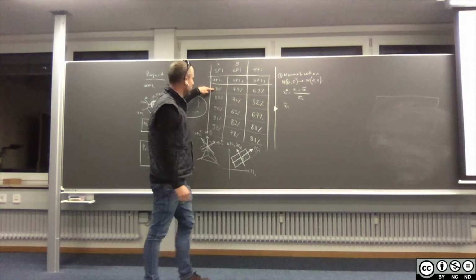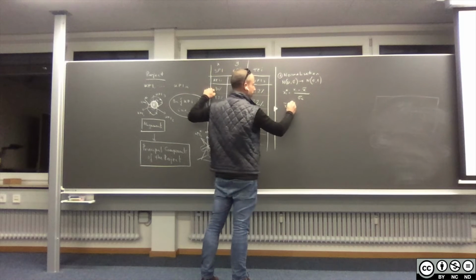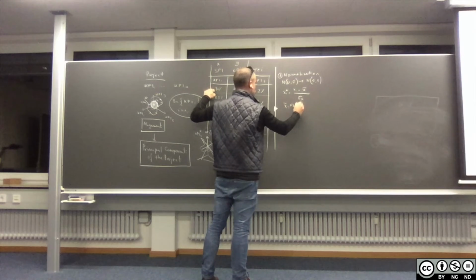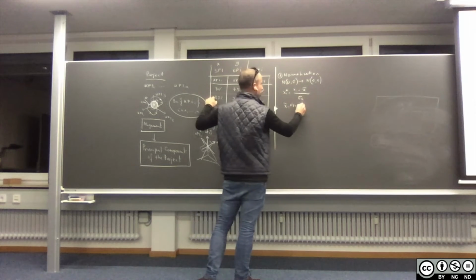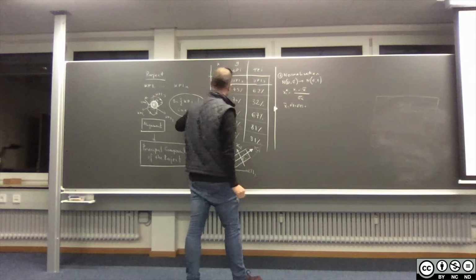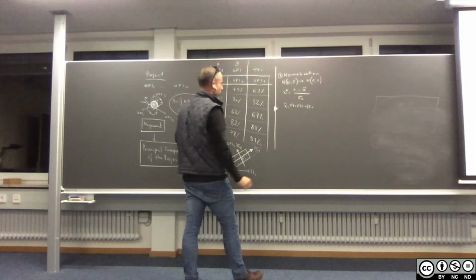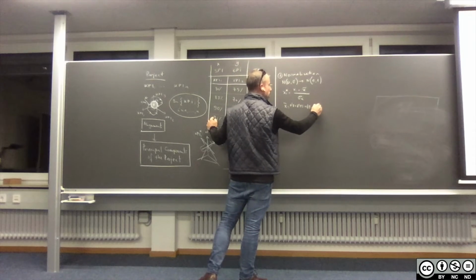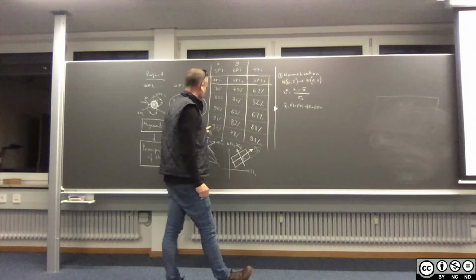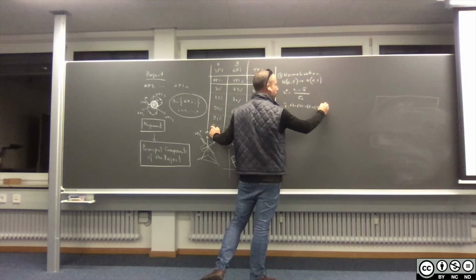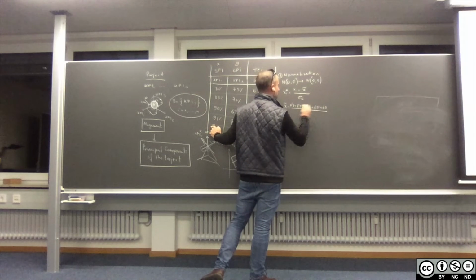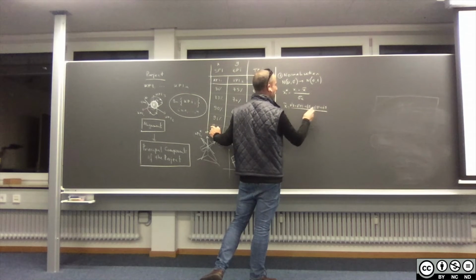Well, 0.8 plus 0.85 plus 0.9 plus 0.91 plus 0.90 divided by 1, 2, 3, 4, 5.